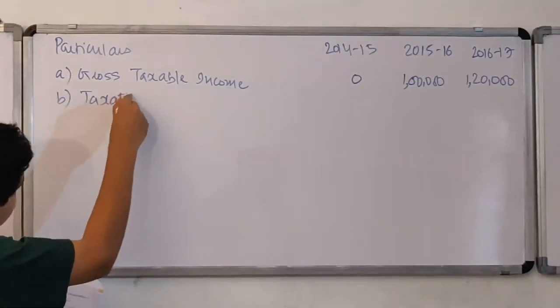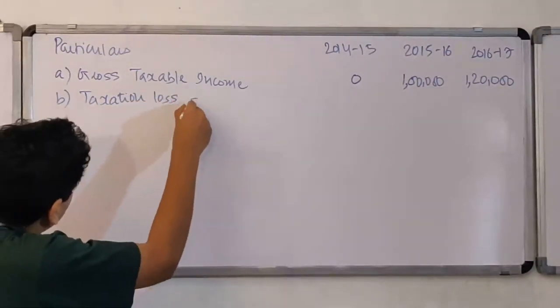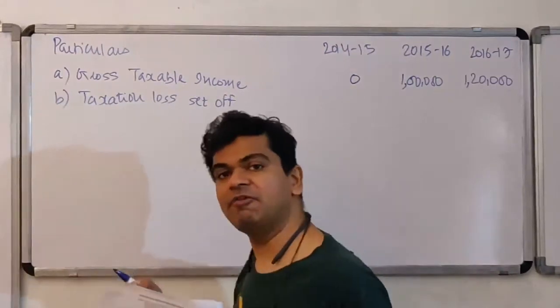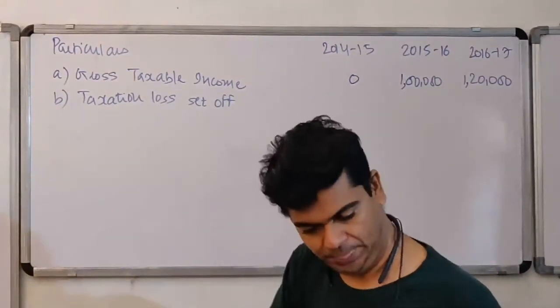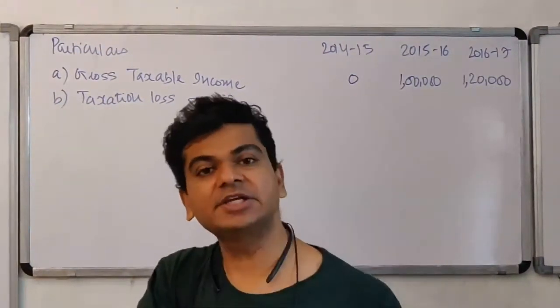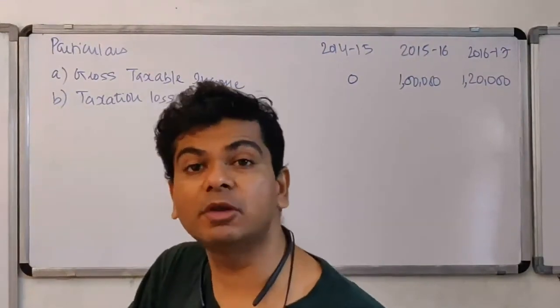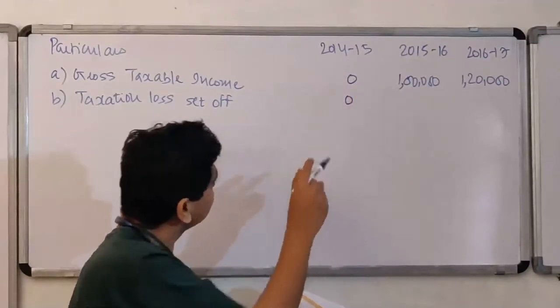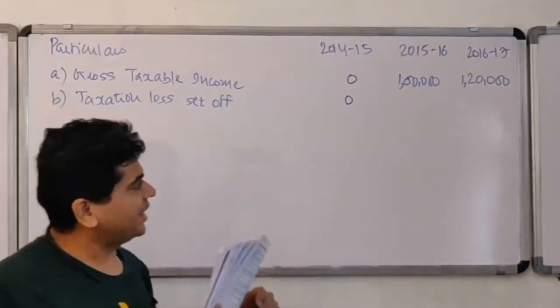Now we are having taxation loss. This taxation loss can be carried forward and set off against taxable income in future. In the first year you have a taxation loss of 2 lakhs. So 2 lakhs will be carried forward. In the first year I don't have to do any set off, but 2 lakhs is carried forward.